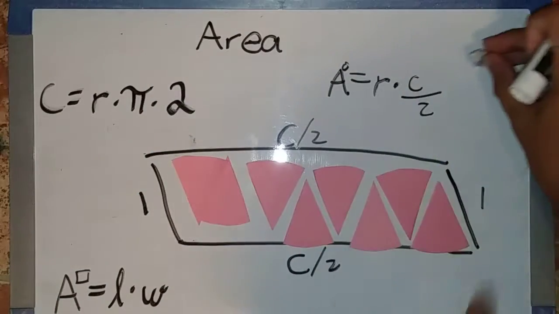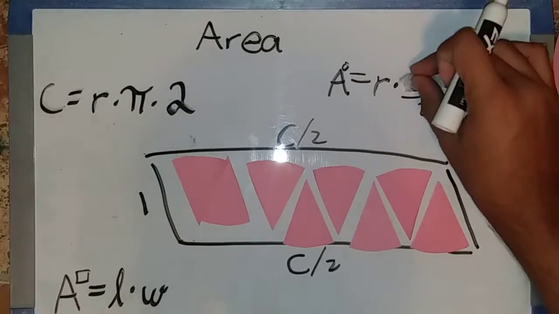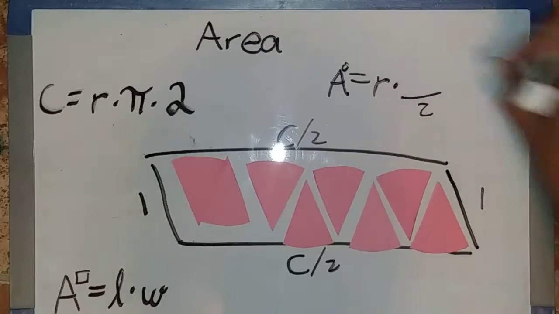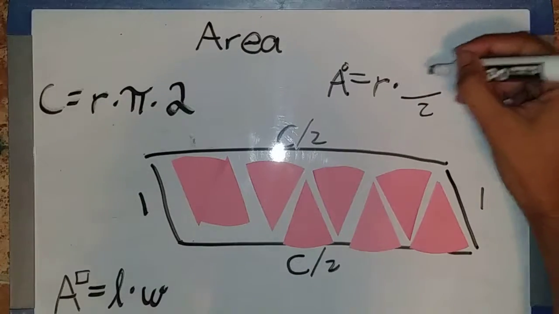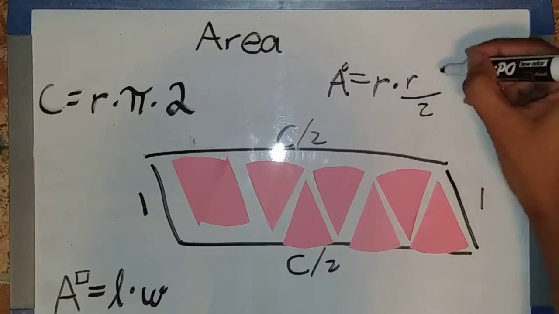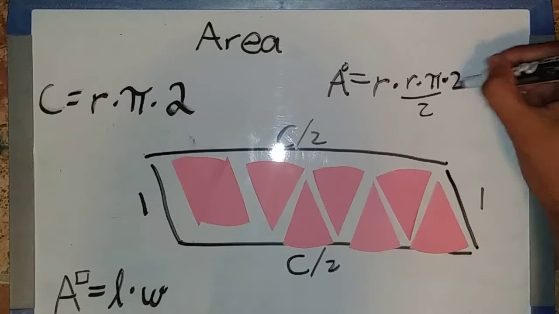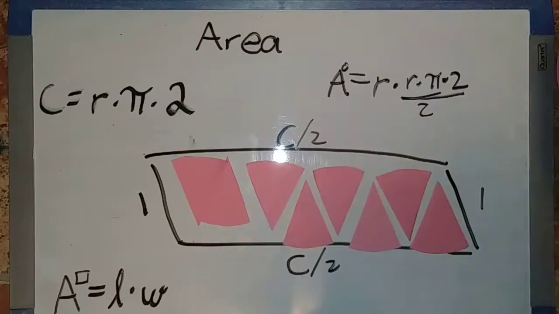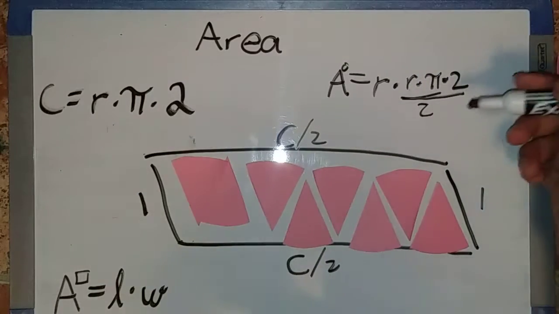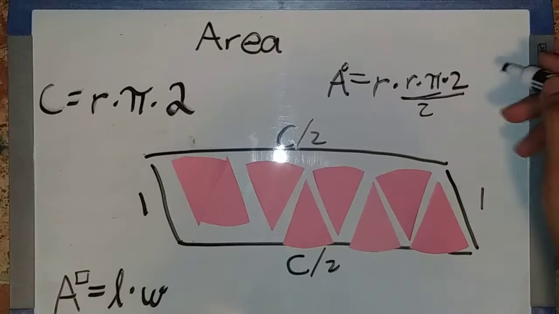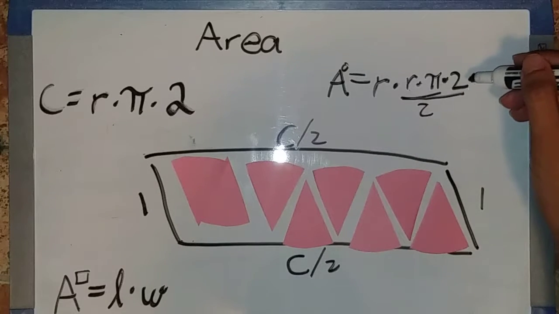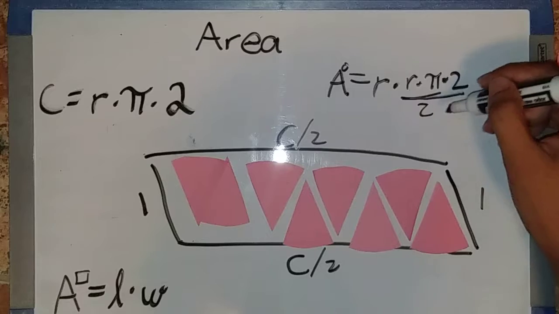We need to replace that circumference for its pieces, meaning that we could erase that and write r times pi times 2. Let's complete the line. Now, here is where the magic happens, because we have a 2 at the top of this division and a 2 at the bottom of this division.